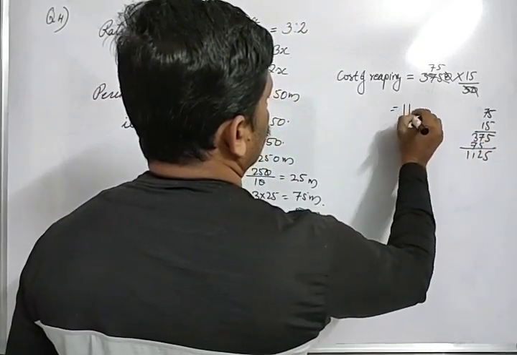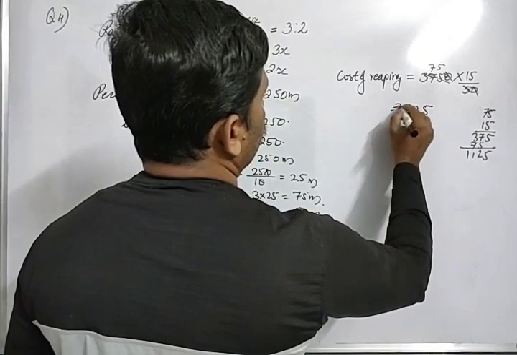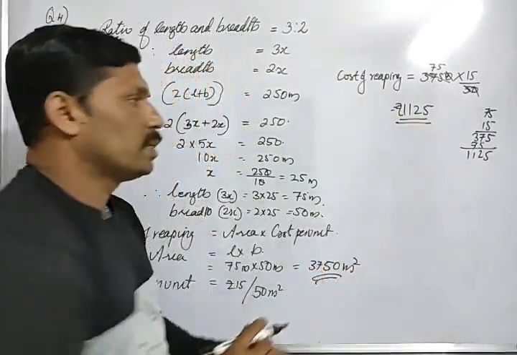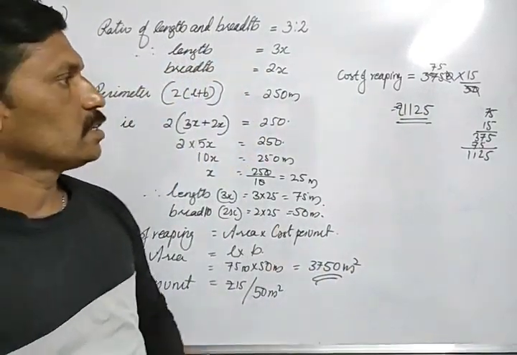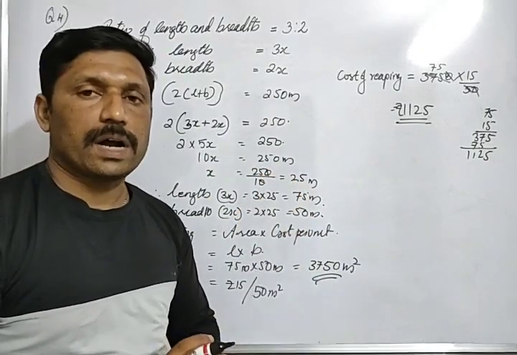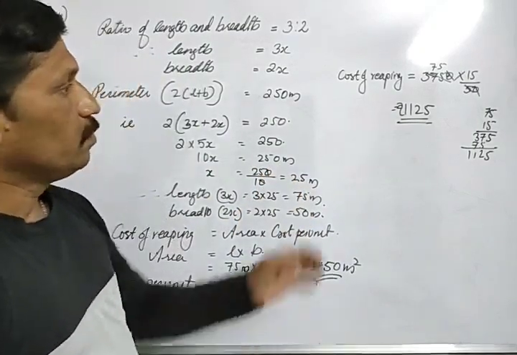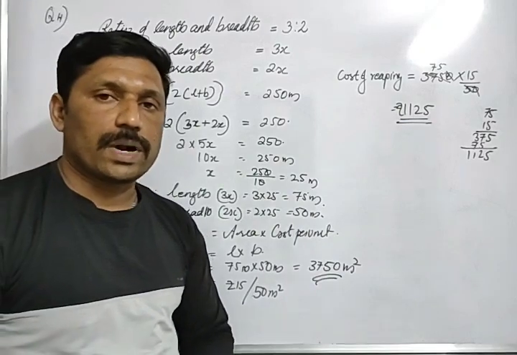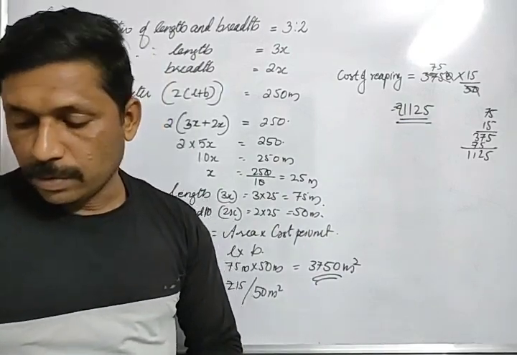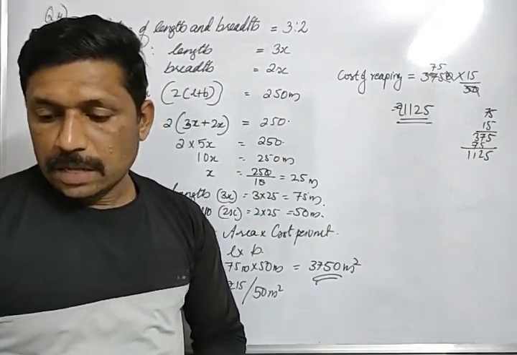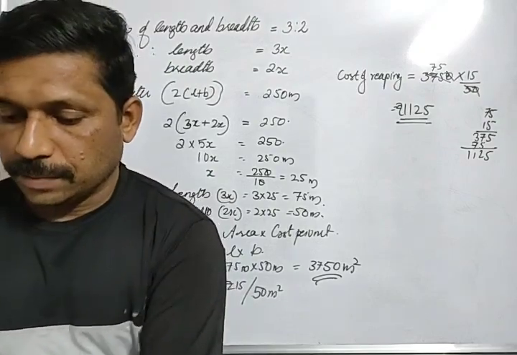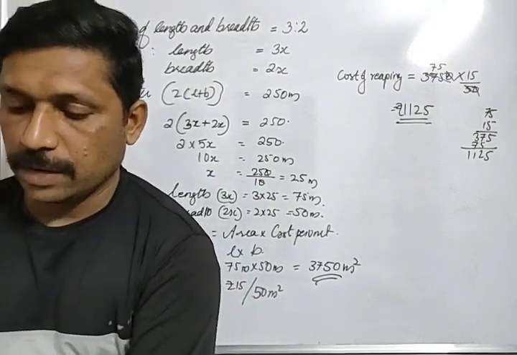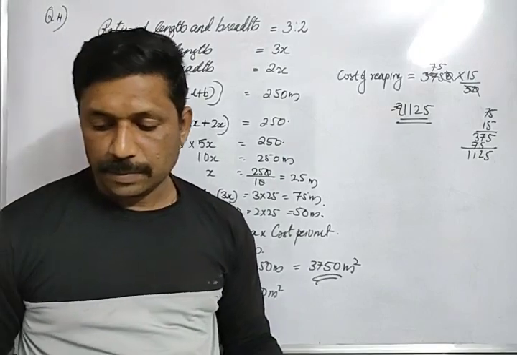Means total 1125 rupees is the cost of reaping that field. That means in order to reap or cut the grass from that field, we need to pay 1125 rupees.